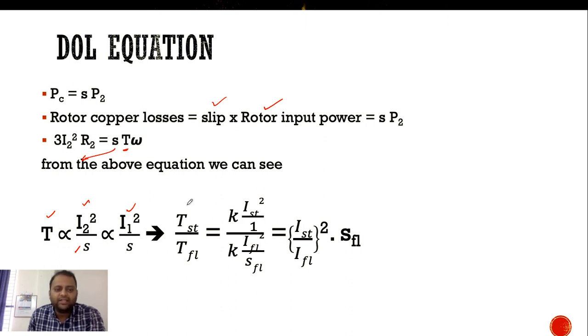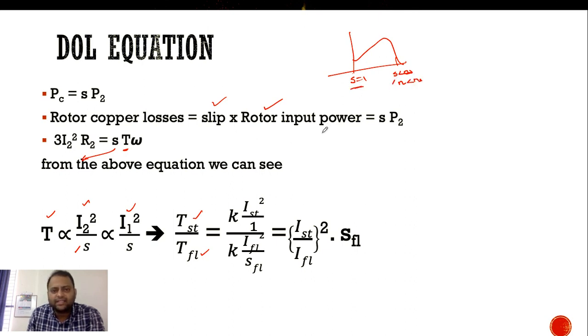Now if I take the ratio at starting and at full load, at starting the slip is always equal to 1. I told you already in the torque speed curve, we said at start S equals 1, and at running S is less than ns. So the speed of the rotor is less than ns. So this is a very small slip.